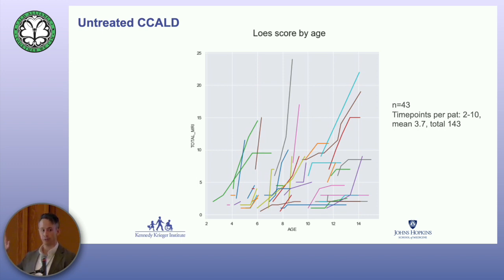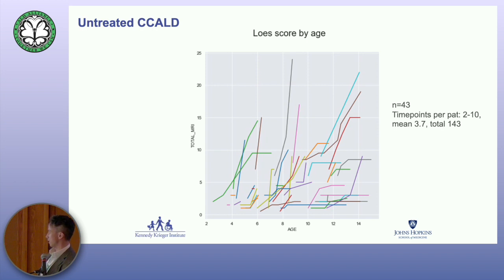So there's 143 total MRIs on this spaghetti plot. And these are kids who went untreated. So these are patients from a different era. This is late 90s, early 2000s, where stem cell transplant still was in its infancy, and there were plenty of patients who actually just didn't undergo it at all.